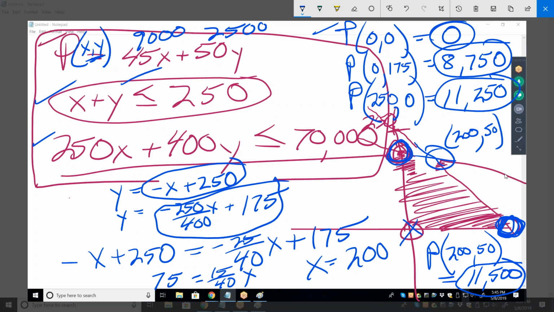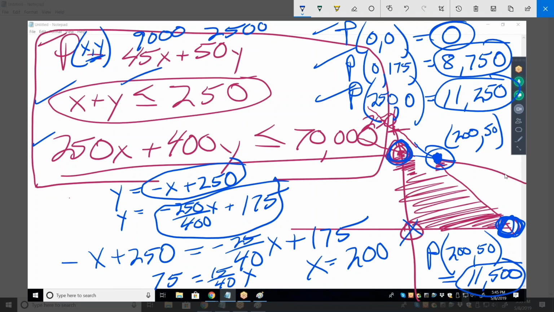As opposed to spending all of his 70,000 on the cheap machines, which would only give him this much profit, or if he spent his entire 70,000 on just the expensive machines, I got it backwards, he would get that profit. But it's that other vertex that gives him the optimum.